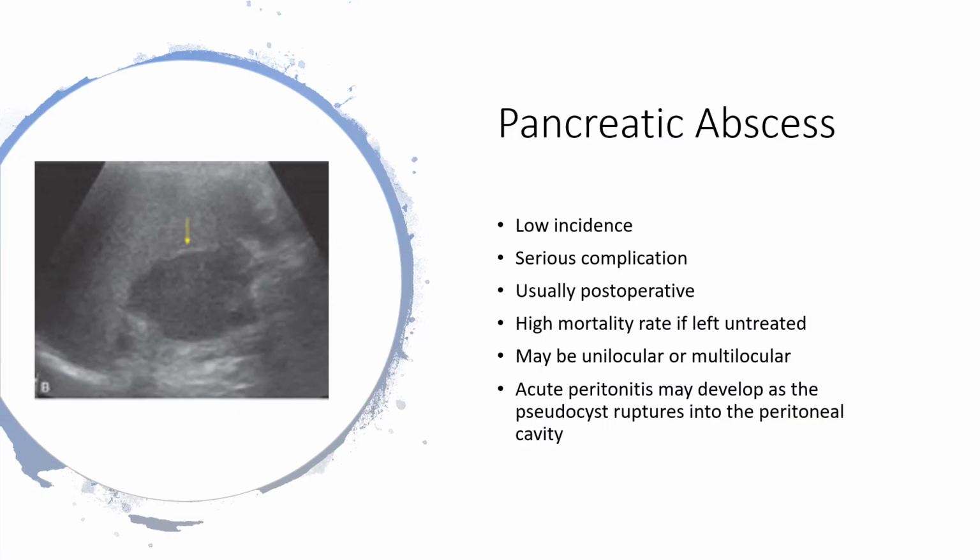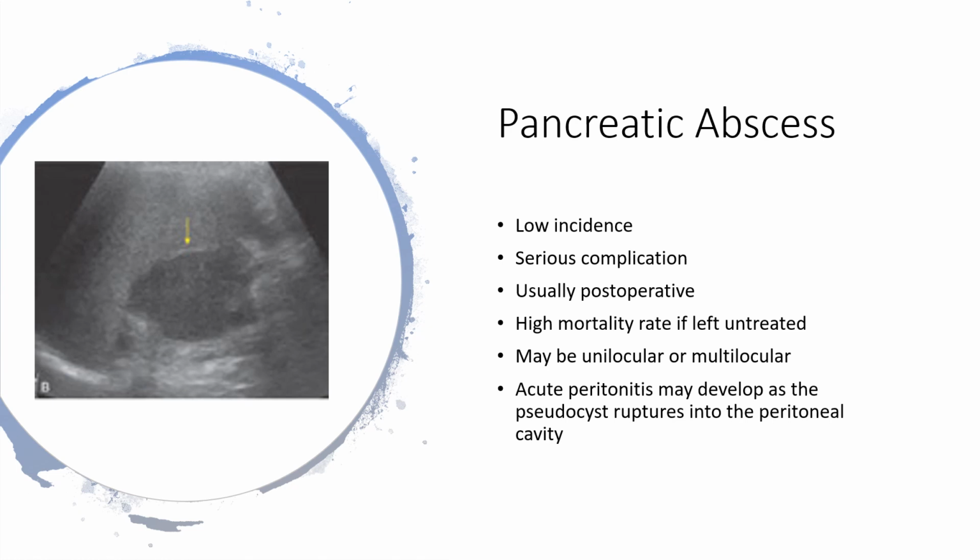So pancreatic abscess is another serious complication of pancreatitis. Fortunately, it has a very low incidence, but it can happen a lot of times post-operative. So what happens is they have surgery and then they get acute pancreatitis as a consequence of the surgery.